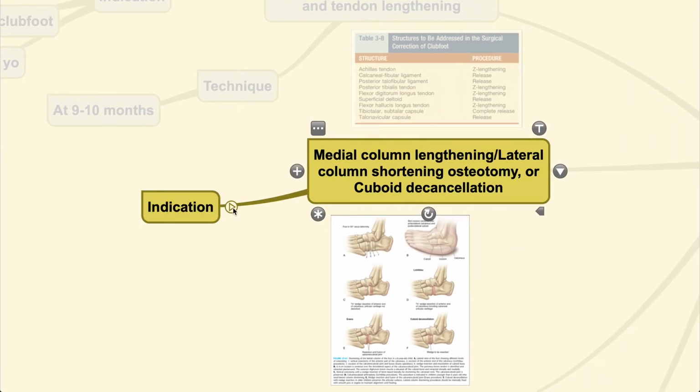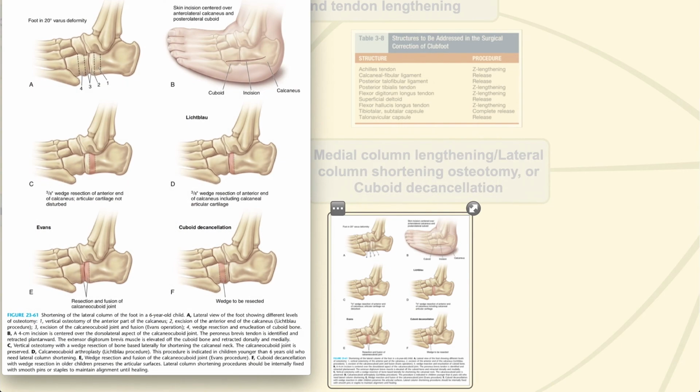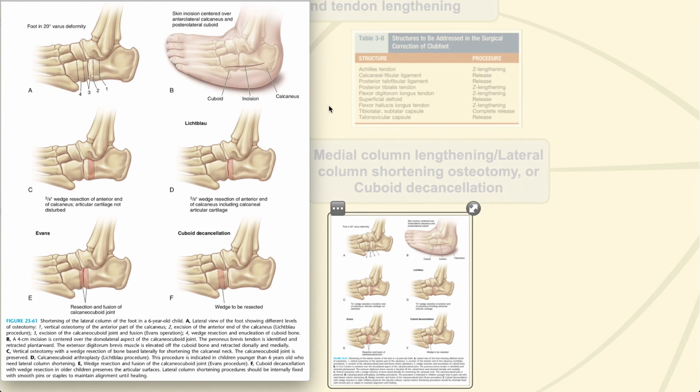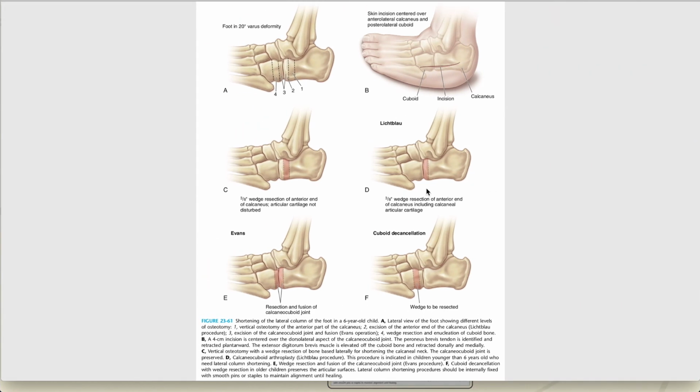Next would be the bony procedure, which includes medial column lengthening or lateral column shortening with or without cuboid decancellation. We could see here that there are various types of foot osteotomy that could be done. There is one proposed by Evans.